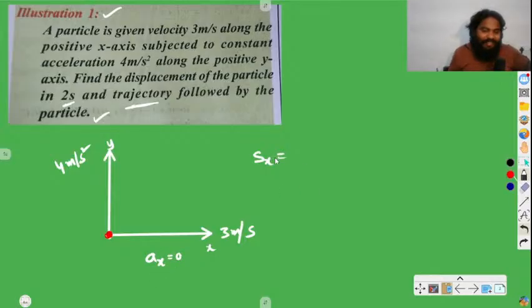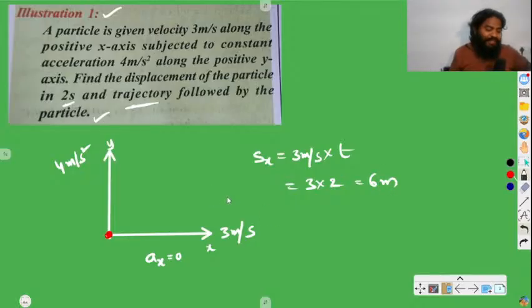So distance is equal to speed into time. What is the speed along the x-axis? The speed along the x-axis is 3 meter per second. So the displacement along the x-axis is 3 into 2 seconds, means 3 twos are 6 meters, right?